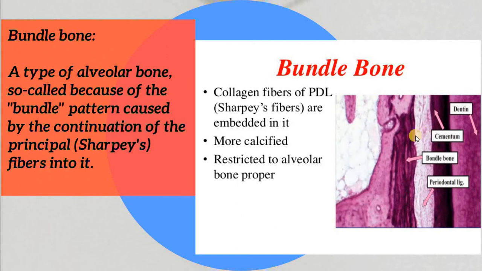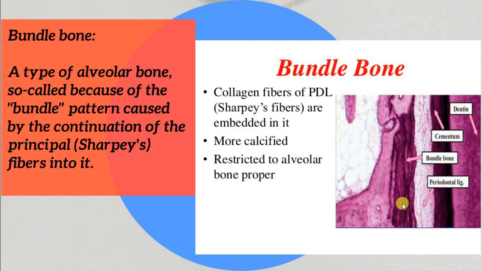Through insertion of these ends of periodontal ligaments, which are named Sharpey's fibers, part of it in this bone and part of it in the cementum, you see that there is a bundle-like shape of bone. So it's more calcified here, and it's restricted to the alveolar bone proper.